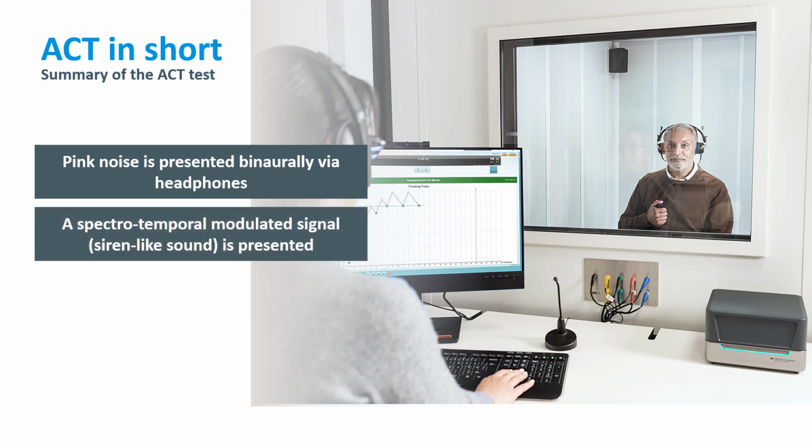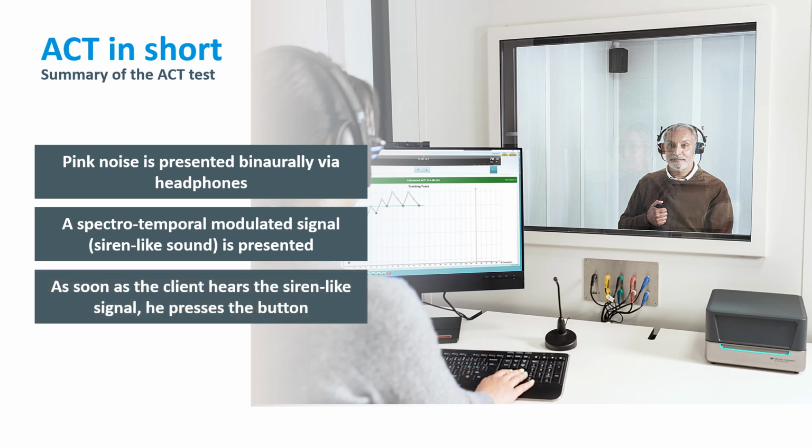A spectrotemporal modulated signal, or STM for short, which has similar characteristics to a speech signal, is then presented. This STM signal sounds like an ambulance or emergency siren, and the client's task for the ACT test is basically to recognize when he hears the siren. As soon as the client hears a siren-like signal, he presses the response button.